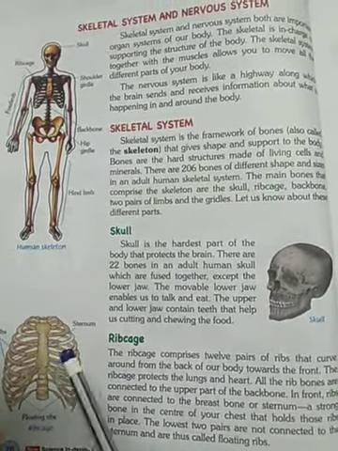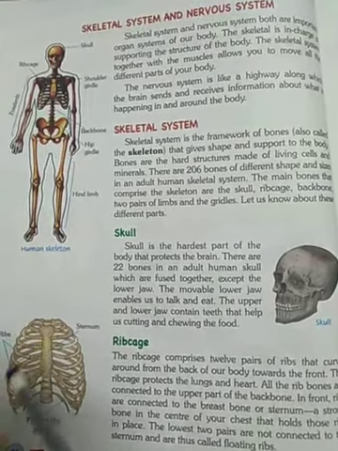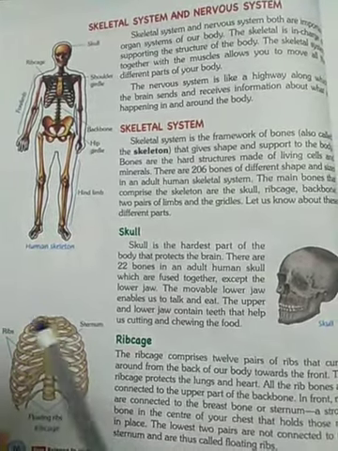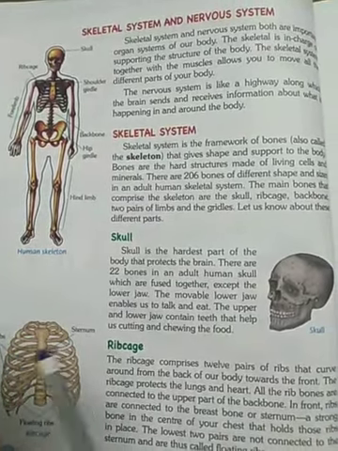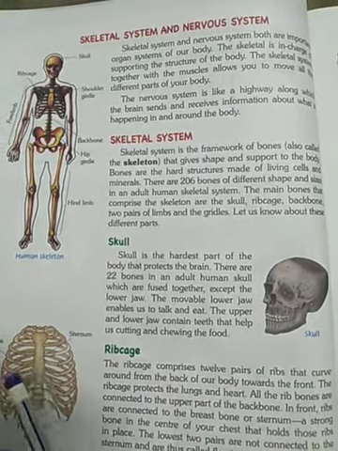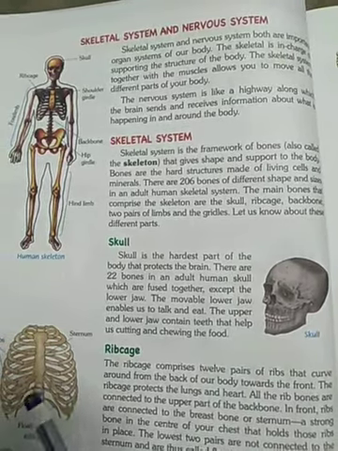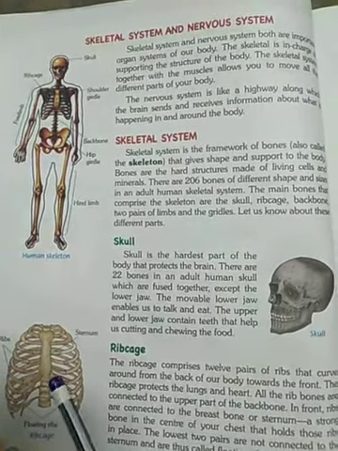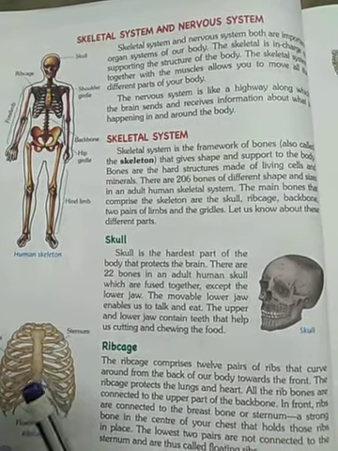So look at this, these are 12 pairs of ribs. So in this rib cage we have 12 pairs of ribs, and they have a curved form, okay? And the rib cage protects the lungs and heart, okay? So this rib cage protects our lungs and heart.